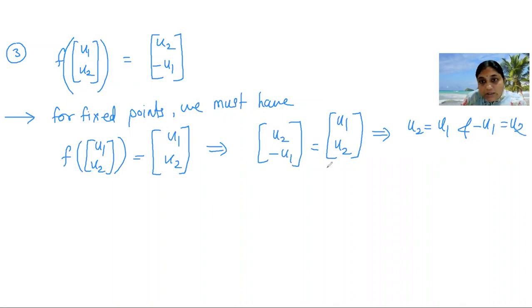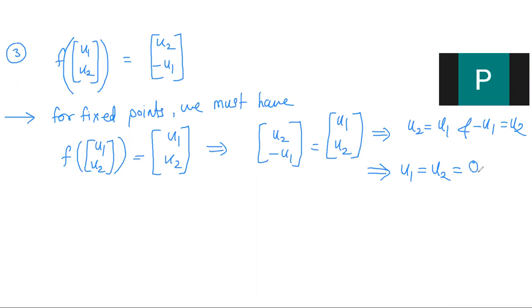So which are the points which satisfy this condition? It must be 0, because u1 is equal to u2 and u1 is equal to minus u2. When is it possible? Only if it is 0. In non-zero points, it is not possible, right? What is the fixed point here? 0.